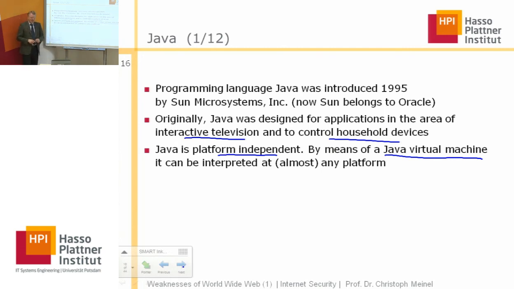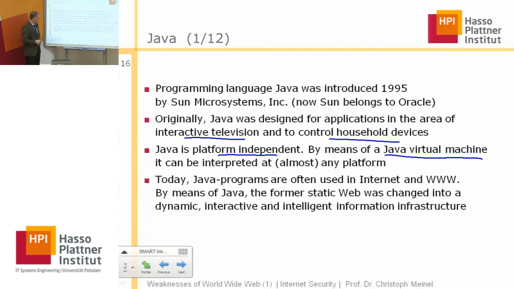This Java virtual machine interprets the Java bytecode and performs it on the platform. So Java is platform independent, but of course the Java virtual machine has to be designed for each platform to provide the possibility that Java programs can be run.